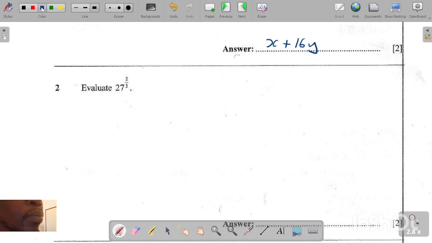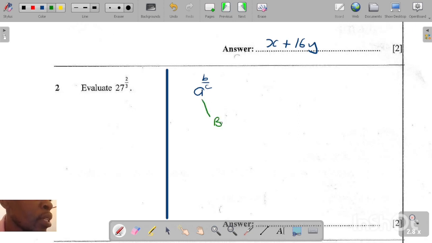So for example, if you have a number a that has been raised to the power b over c, then this number a is called the base.